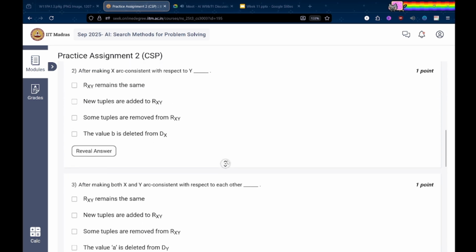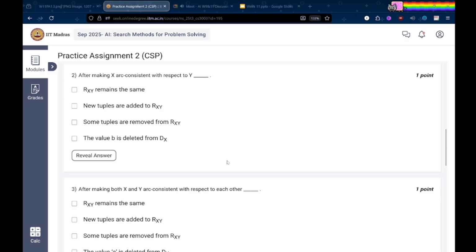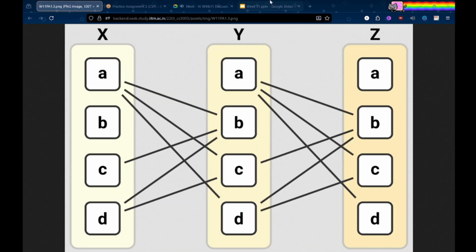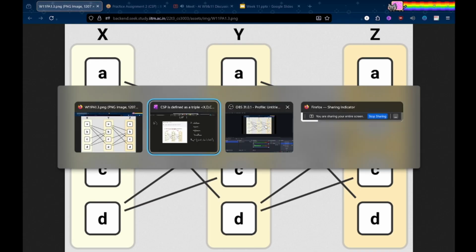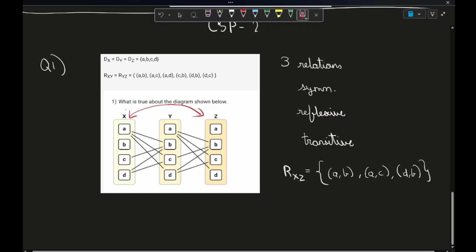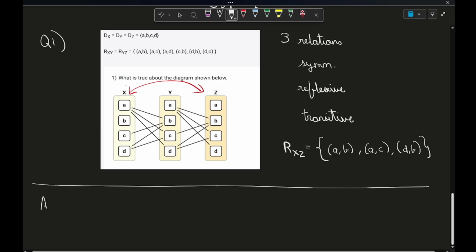Okay. After making x consistent with respect to y, what happens? So we need to now define what arc consistency means. I'll just try to write the definition in simple terms here. Please tell me if I'm correct about this.